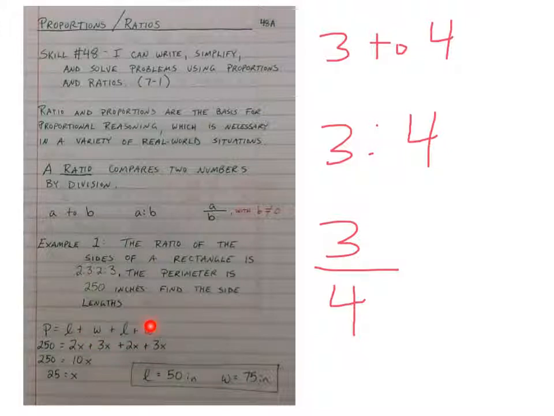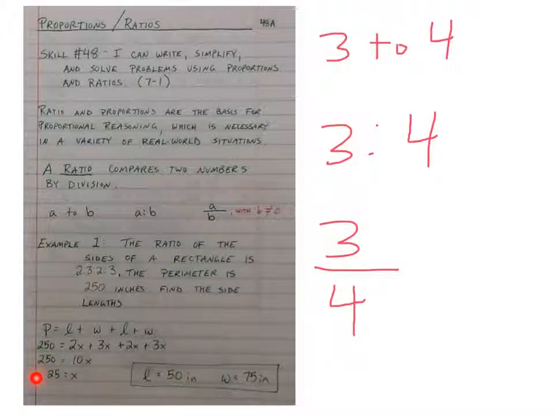And since the ratio of our sides is 2 to 3, we can say that the perimeter is 2x plus 3x plus 2x plus 3x, because that maintains our ratio of 2 to 3 to 2 to 3. Since our perimeter is 250, we can say 250 is equal to that. Simplifying the right-hand side of the equation, we get 250 equals 10x, and then we divide by 10 to get x is equal to 25.